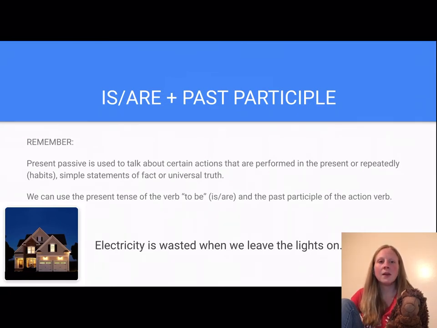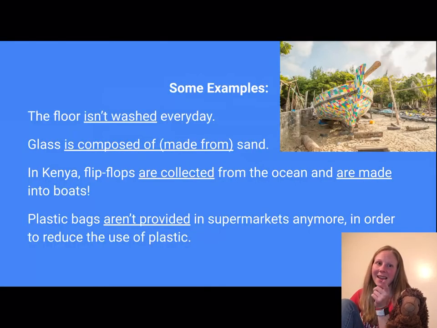Okay? We're going to look at some more examples. So, the first one we're going to look at will be: the floor isn't washed every day. So this is a fact, and we don't know who's washing the floor. We just know that it isn't washed every day. The next one is a statement of fact. It's a universal truth.